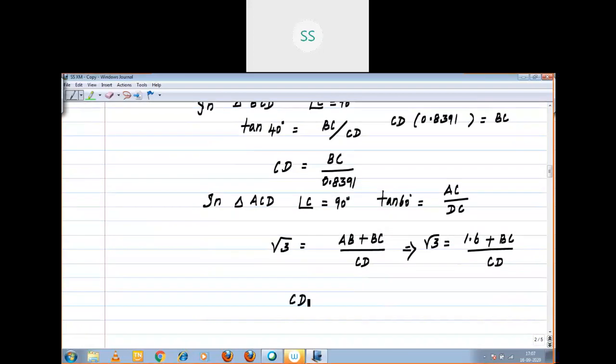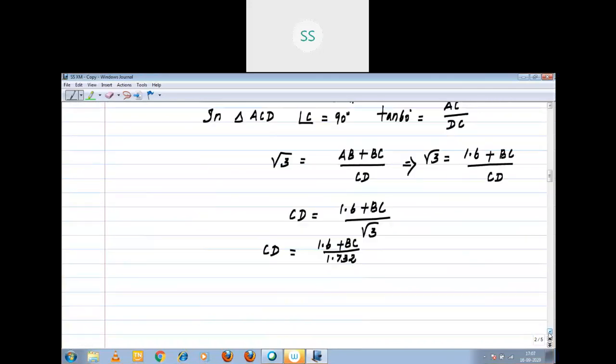Got it, children? Now, CD equals 1.6 plus BC divided by root 3, that is 1.732. Say yes or no.